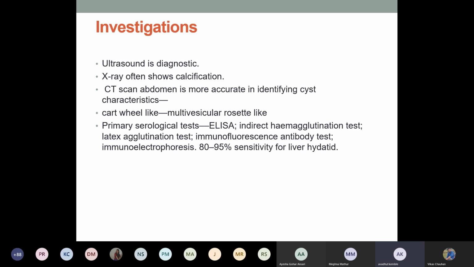Casoni's test, which was previously done with the fluid of hydatid cyst injected subcutaneously, now is an obsolete investigation.